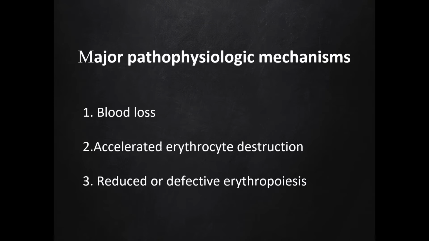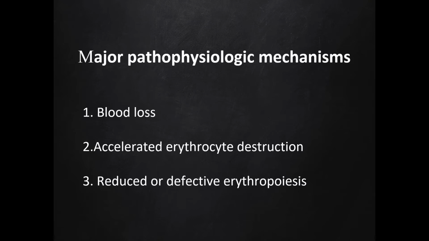And then second is accelerated erythrocyte destruction, meaning a decreased erythrocyte lifespan, either by intra or extravascular hemolysis. It could be hemolysis happening in the blood vessel, or immune-mediated destruction, where the immune system destroys the RBC.